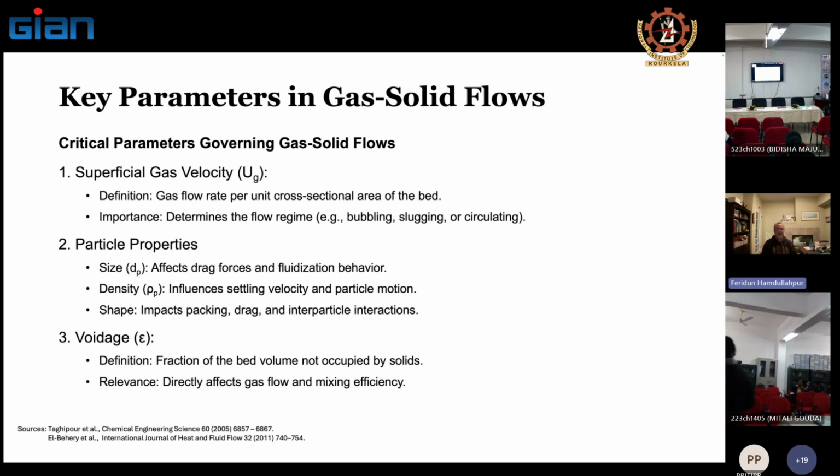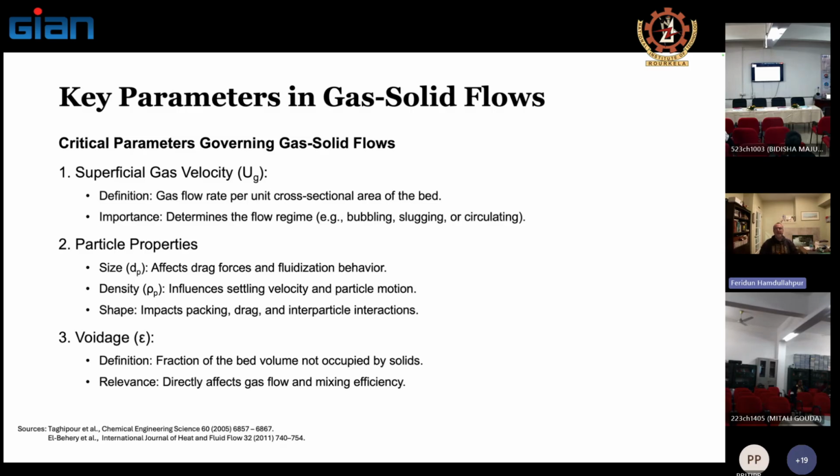Superficial velocity is the velocity that takes the solid mass or volume into consideration as well. So we need to understand how much air we will need for a given application, for a vessel of given size, and particles of given diameter.